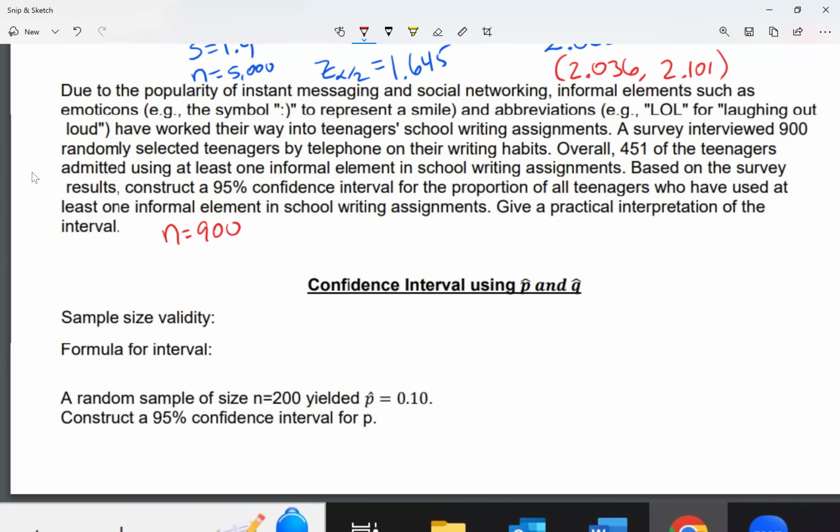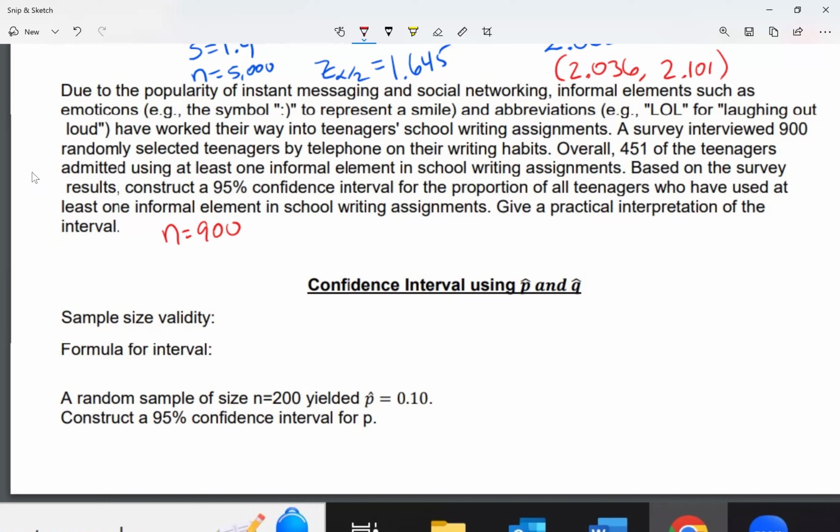Overall, 451 of the teenagers admitted using at least one informal element in school writing assignments. Okay, so let's take a look. What does this mean so far? 451 of our teenagers said yes, I use this type of writing, out of 900.